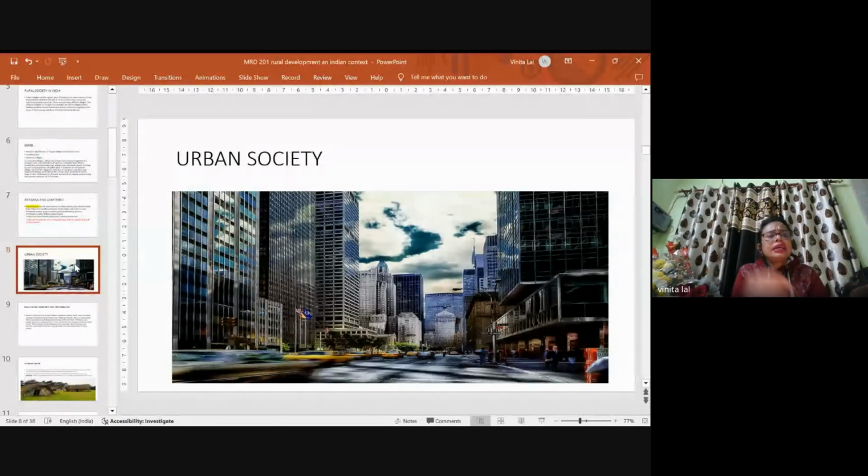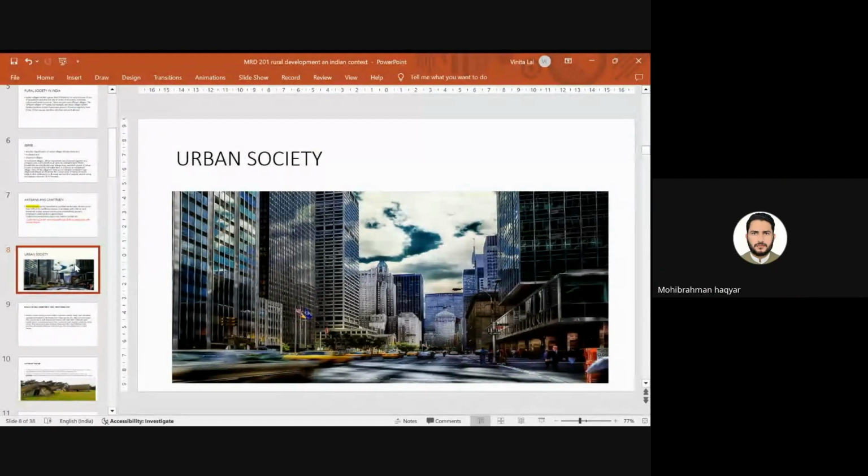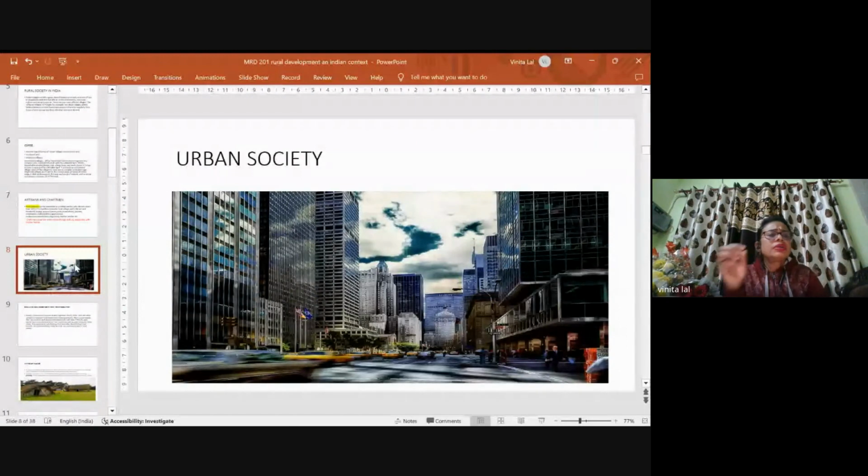Let me tell you what the five characteristics of the city are. Please mute yourself. Cities are part of urban areas, and there are several characteristics of a city: high population, social distance, economic mobility, formal relationships, and heterogeneity.